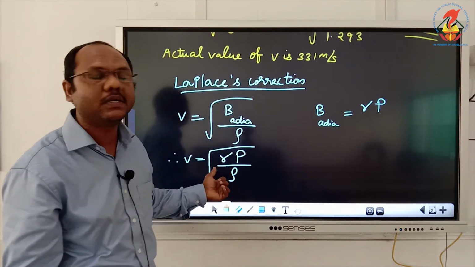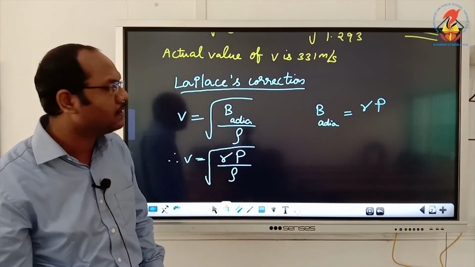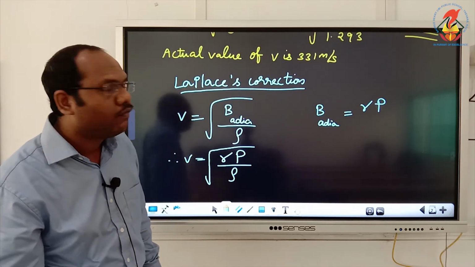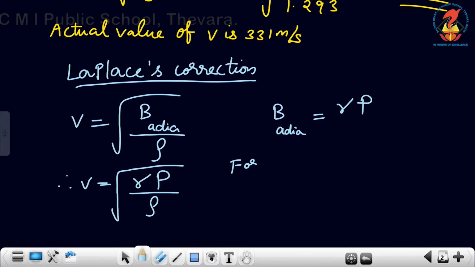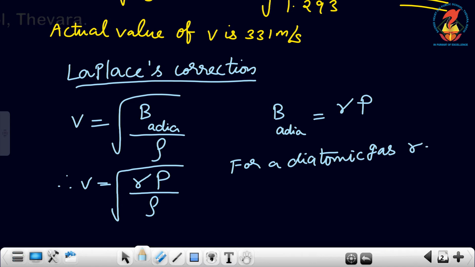For a diatomic gas, the value of gamma is 1.4. We studied that in kinetic theory of gases. Gamma is equal to 1.4.